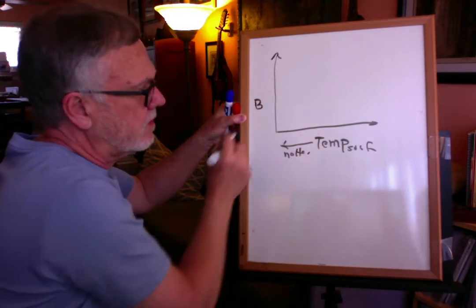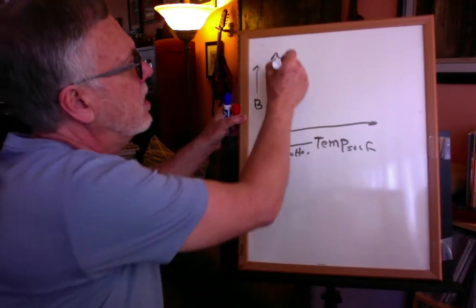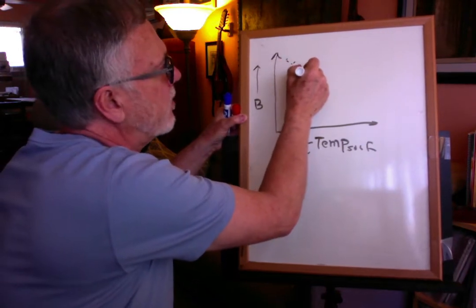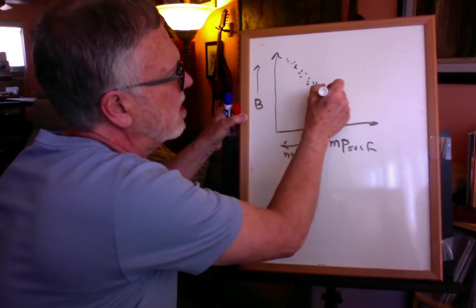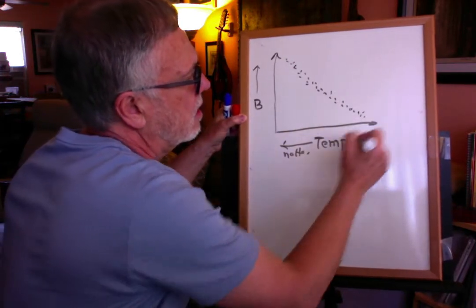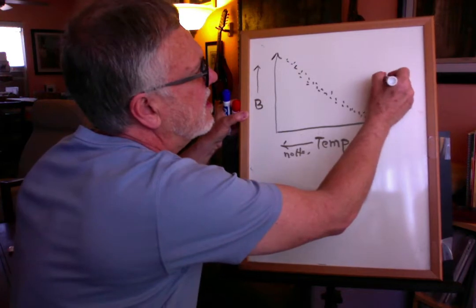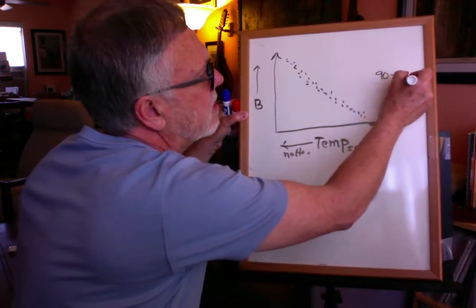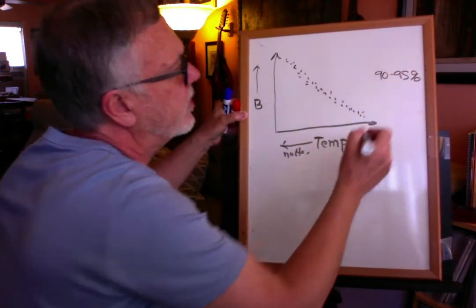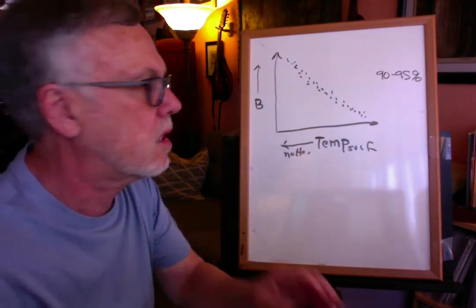This is the brightness of a star, and it's getting brighter going upward. Most stars fall within a very narrow region called the main sequence. And so basically 90 to 95% of all stars fall within that very narrow region called the main sequence.